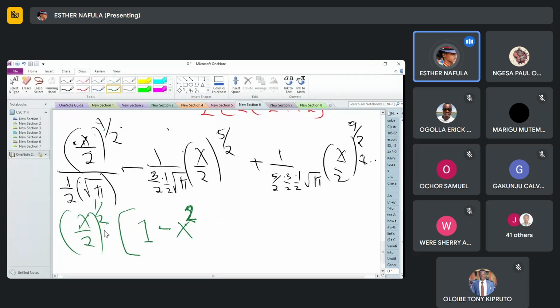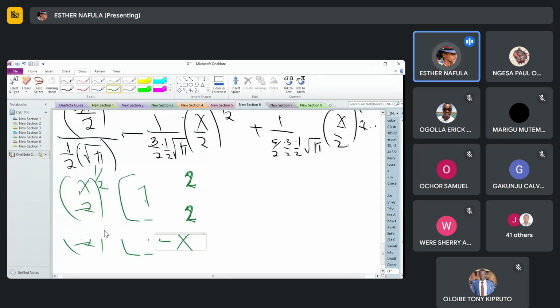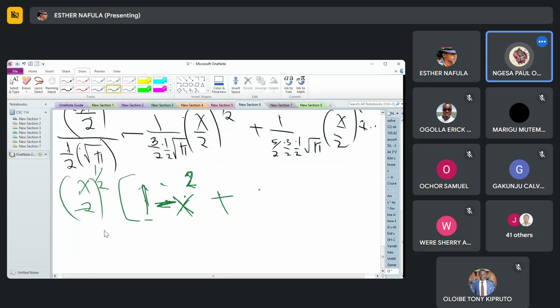We will factor out what is common in the denominator as well. So that when you combine x squared and x raised to a half, you get x raised to 5 over 2. For the second term, it should be x over 2 squared.